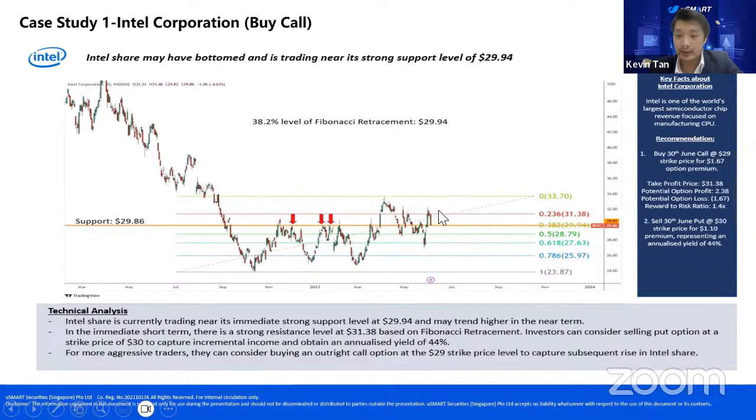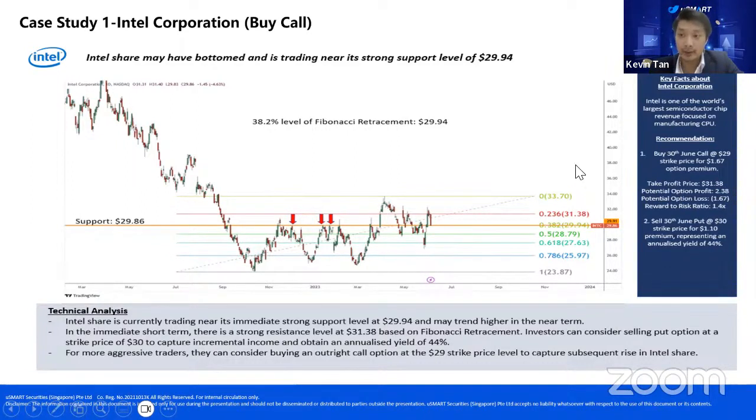So if Intel actually rose to $31.38, which was our target, we could stand a chance to make $2.38 per share. How do I derive this number? Basically, I use the target price, $31.38, minus the $29 strike price. This is the potential option profit that we could possibly get.